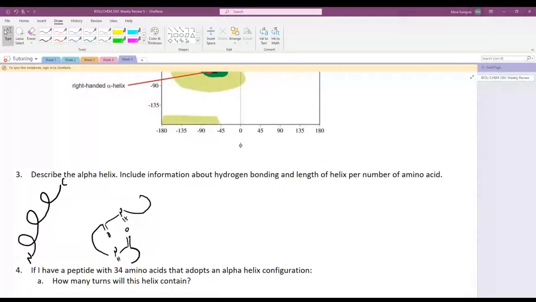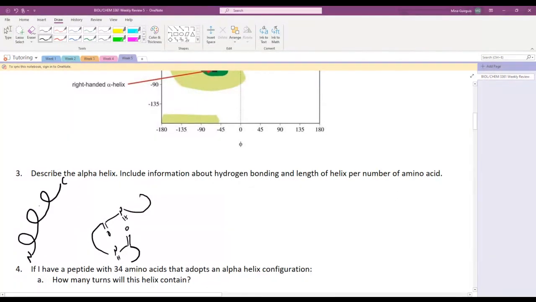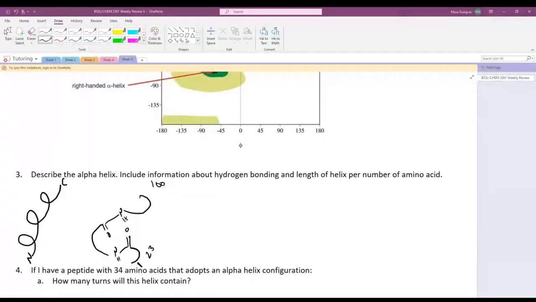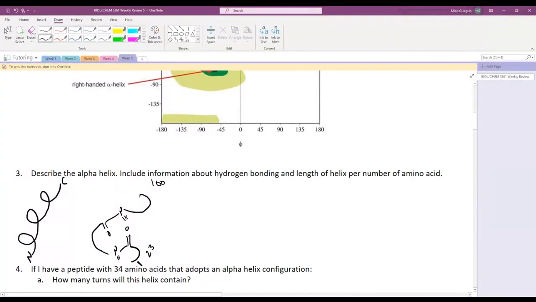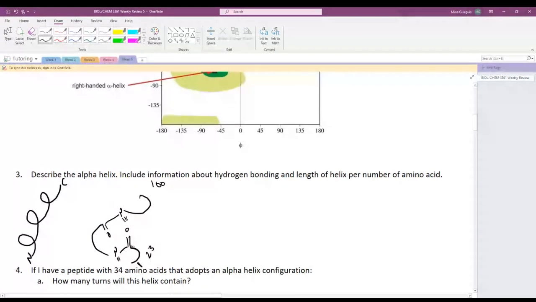So we're going to be using this end as carbon number 1. So this is our 1, 2, 3, and so on. And then this is 100, 200, whatever that number is. And so what we see here is the C terminus of our first one binds to the N terminus about 4 away.